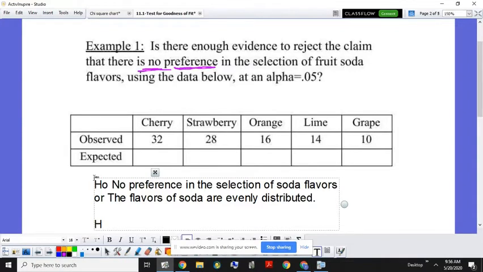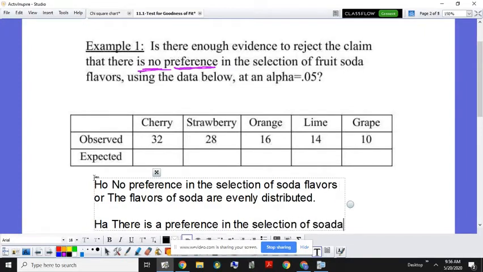The Ha is going to be there is a preference. They're just opposites. So remember, Ho goes with no, that nothing is going on between the categories. So there is a preference in the selection of soda flavors.